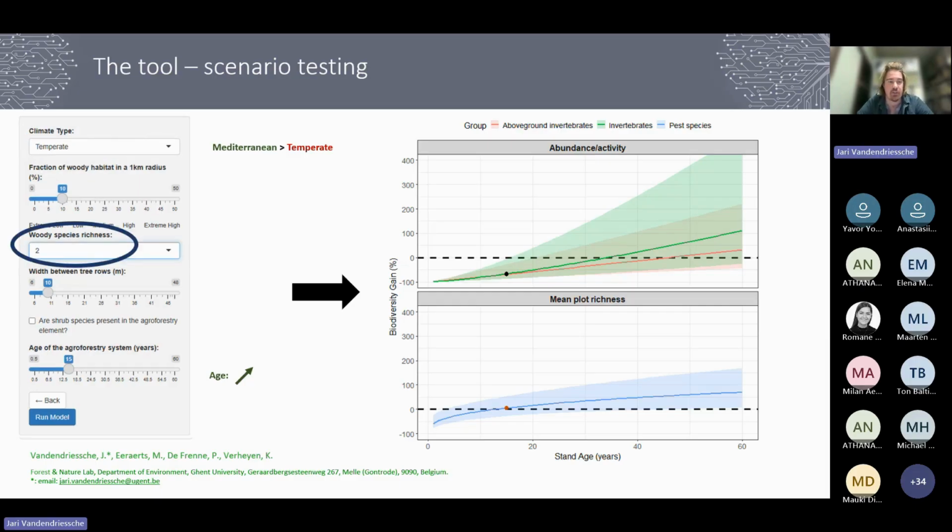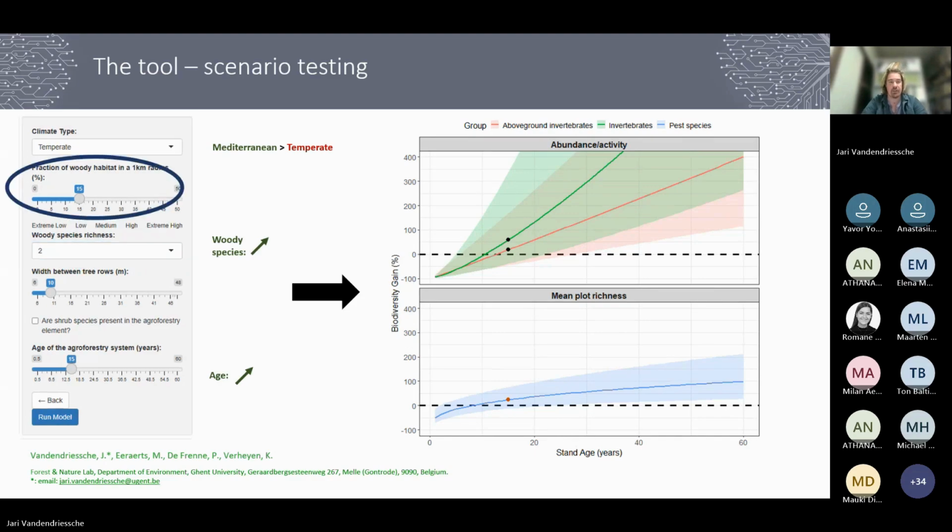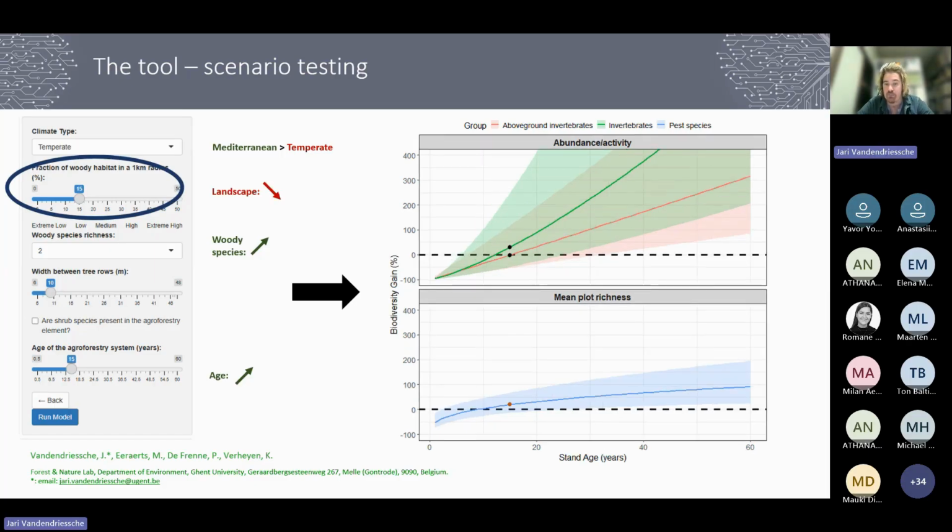Secondly, we will change the number of tree rows. So now we change it to 2 species implemented, and you will see a very steep increase again. If we alter the woody habitat fraction, you will see a small decrease.